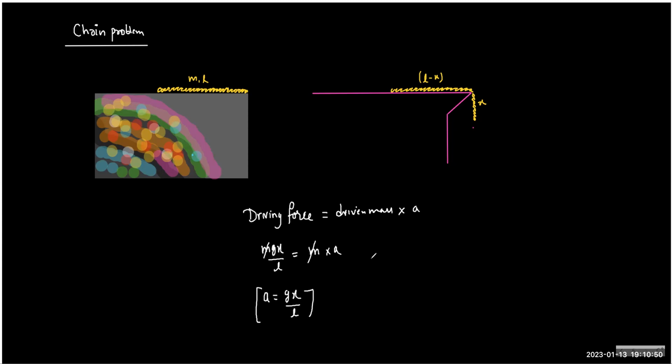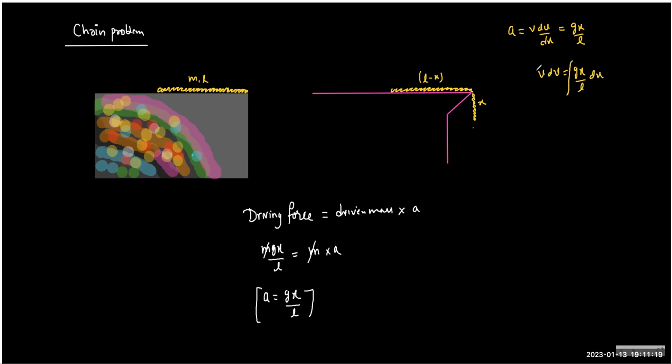When acceleration is a function of x, which relation do we use for acceleration? The A must be replaced by v dv by dx. Very good. We write v dv equals gx by L. So v dv is how much?